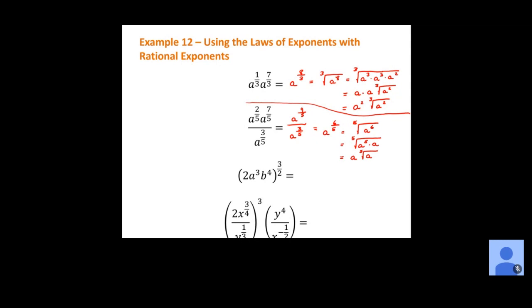All right, what about the next one? What's our first step going to be? Okay, good. So we can distribute that exponent to each of the terms inside here. So we're going to get 2 to the 3/2. Then we're going to have a to the what power?